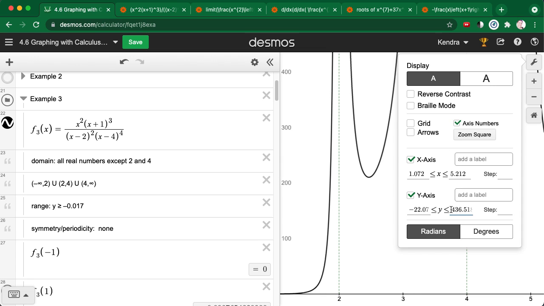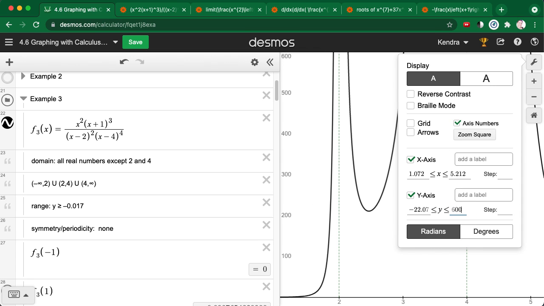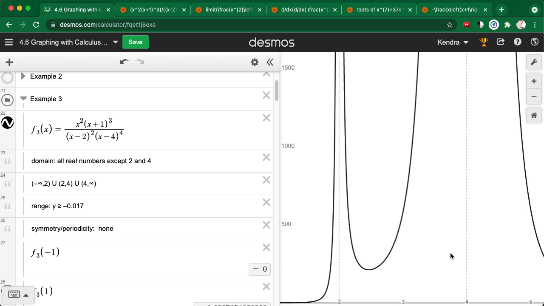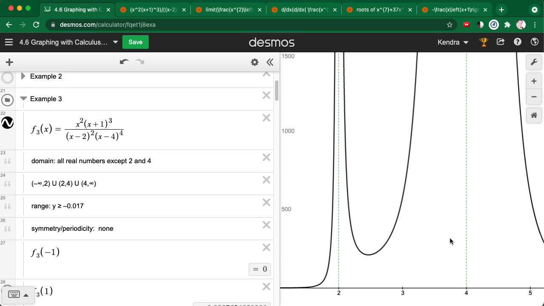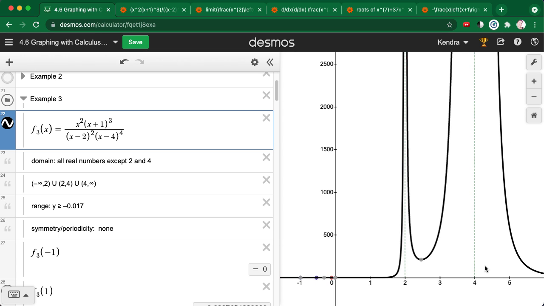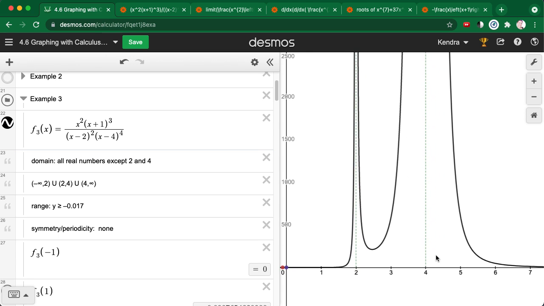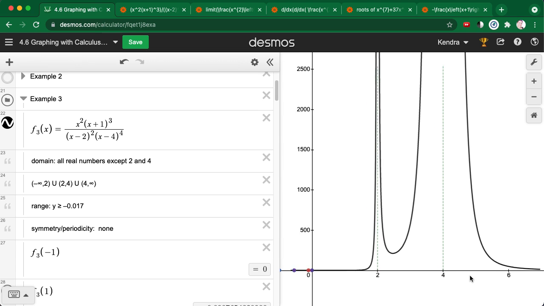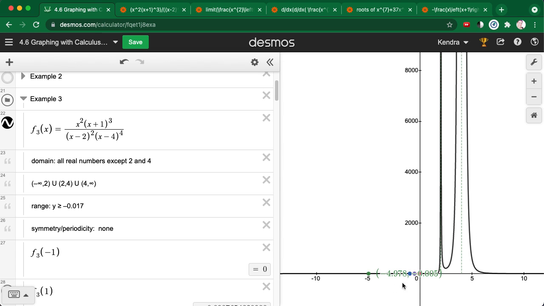Maybe I want to go a little bit higher, 600 or 1600. Interesting. Okay, wonderful. So that gives a little bit better picture of that local minimum. And maybe we even have a zoomed out picture like that, which also gives a bit more of a picture of the end behavior of the function too.